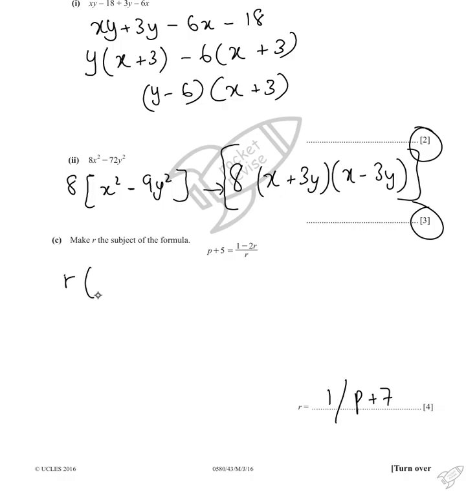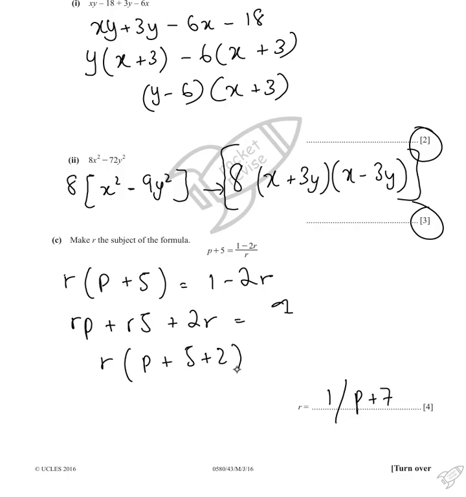Okay, r is taken to the other side of the equation, becoming p plus 5 equals 1 minus 2r. rp plus r5 plus 2r, okay, equals 1. R taken common. P plus 5 plus 2, 1, okay. Okay, yep, that's fine. Good.